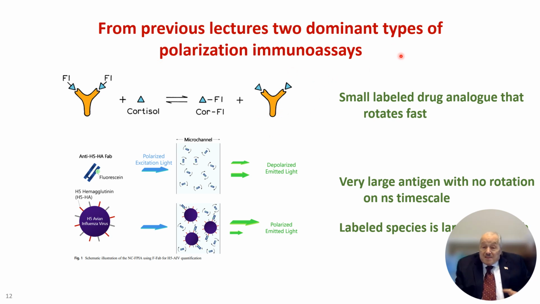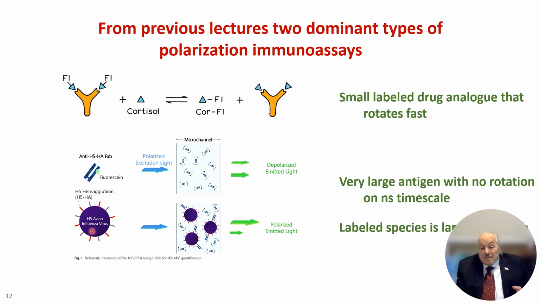From all the previous two lectures, we've been talking about two types of immunoassays. I'm simplifying a little bit here, but I'm trying to make a point. We've been talking about competitive immunoassays where we need a small drug analog that rotates fast and slows down when it binds to the antibody. And we were also talking about direct immunoassays where the labeled protein is an FAB unit.